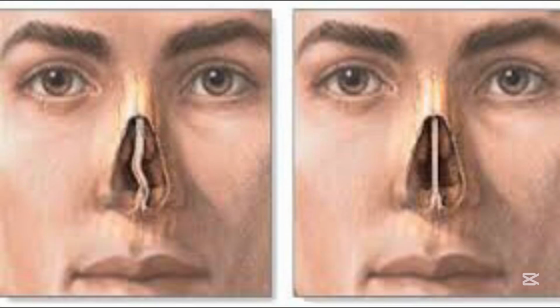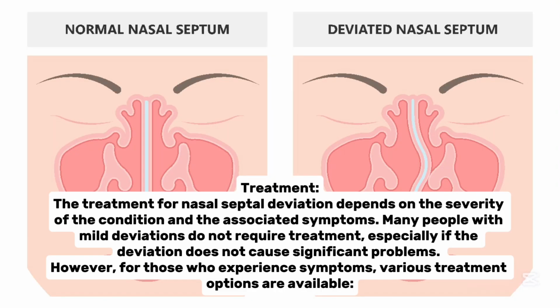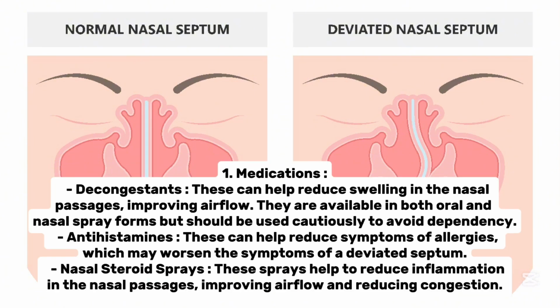before they worsen. Treatment. The treatment for nasal septal deviation depends on the severity of the condition and the associated symptoms. Many people with mild deviations do not require treatment, especially if the deviation does not cause significant problems. However, for those who experience symptoms, various treatment options are available. 1. Medications, decongestants.